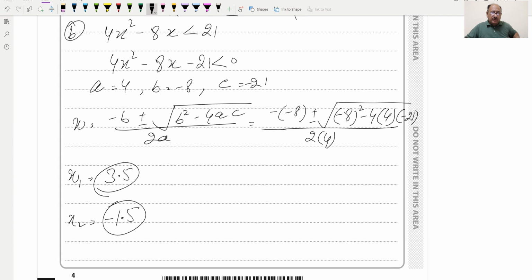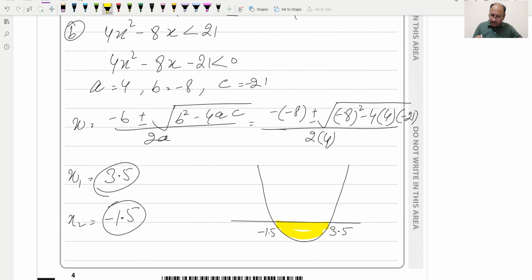Now to understand the inequality which is saying that values of this are less than 0, we can draw the quadratic curve roughly. If we sketch the rough graph of the quadratic, it will be like this one, and the values will be minus 1.5, and this value will be 3.5, and the values in between are the values which are lesser.